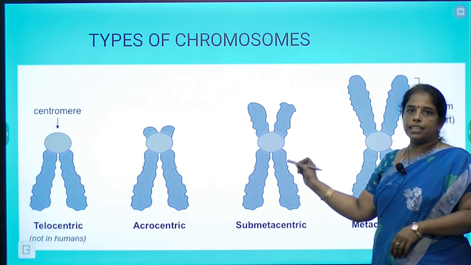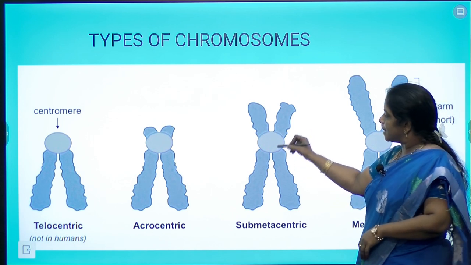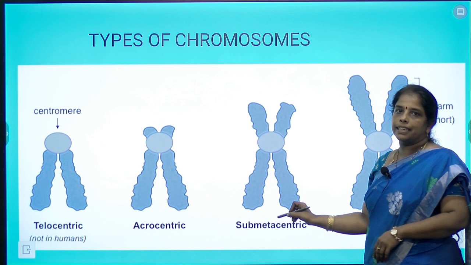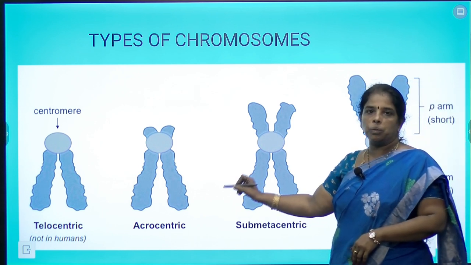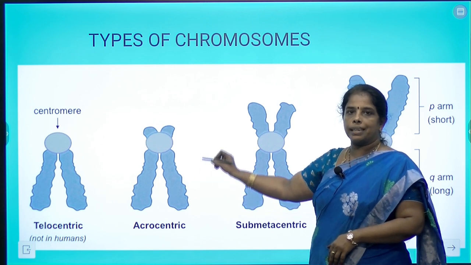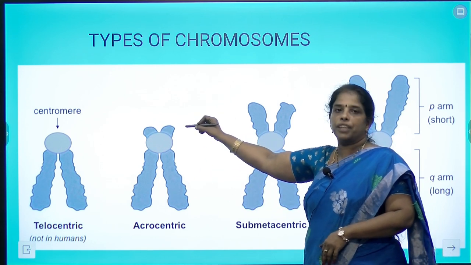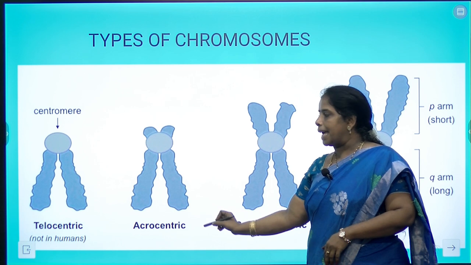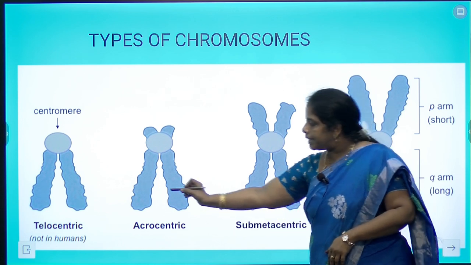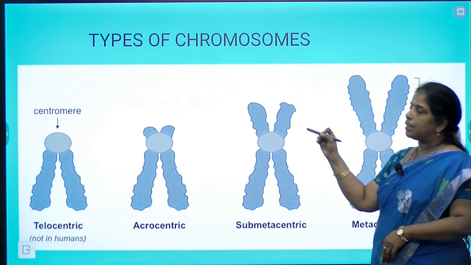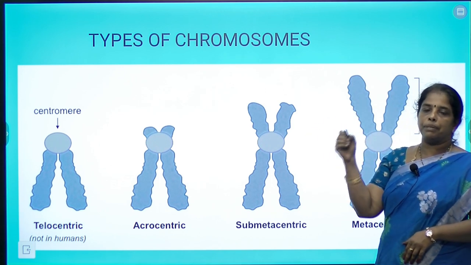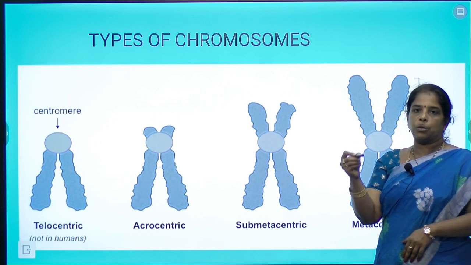If the centromere is located near the center, that is called the submetacentric chromosome. In the acrocentric chromosome, the centromere is located near the tip of the chromosome. In the telocentric chromosome, the centromere is attached at the telomere region, which means only a single arm is seen in that chromosome.